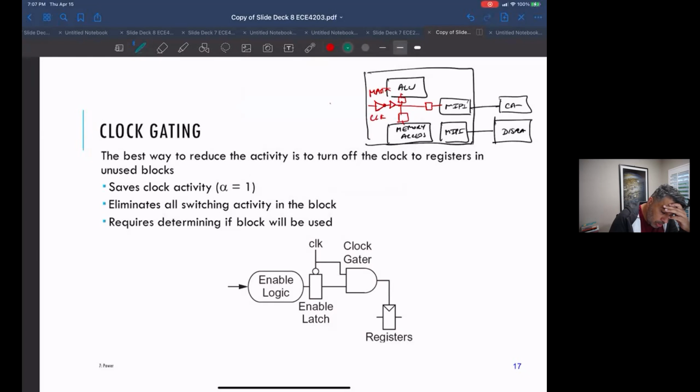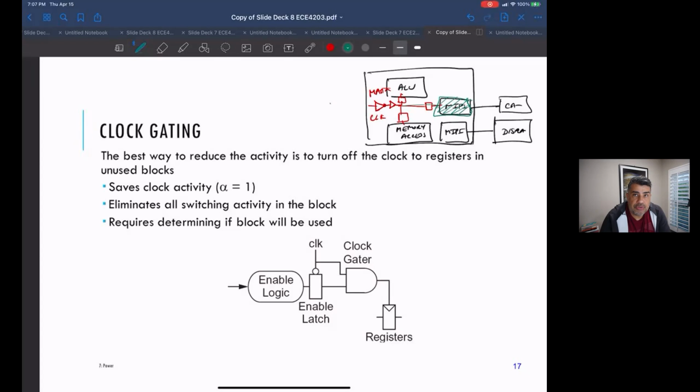For example, let's say we know our camera isn't on. We turn off the clock going to this mobile interface, so those circuits just don't get clocked.